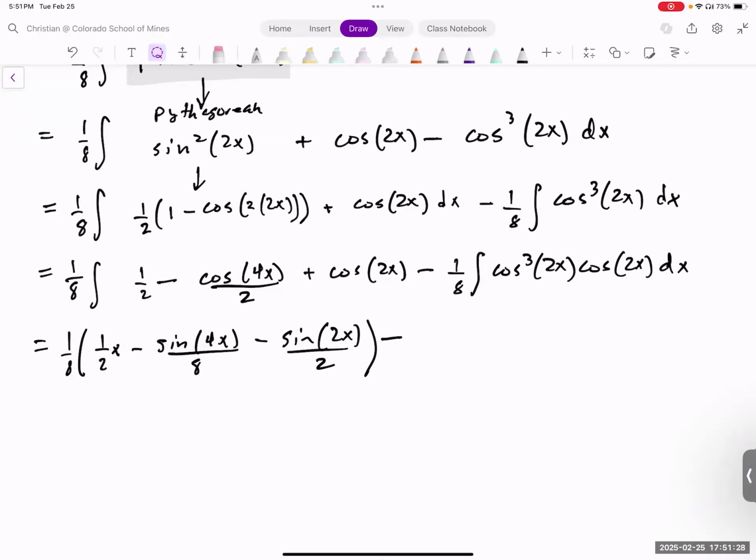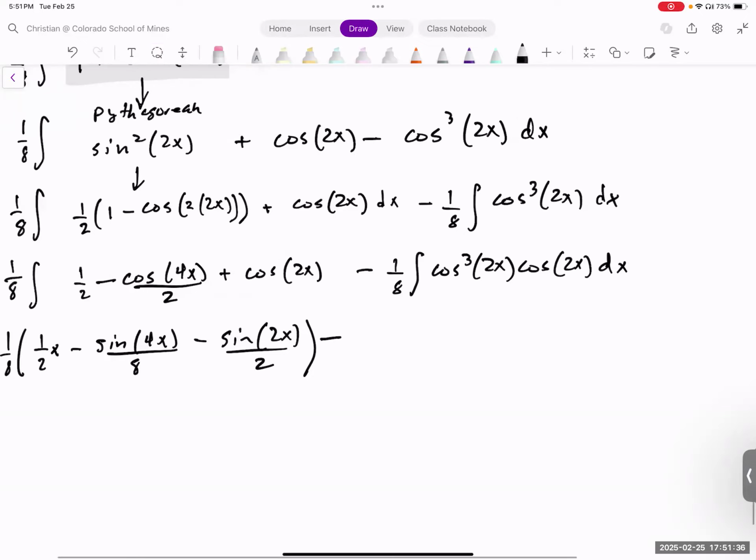Oh, we need a dx in there somewhere. Let's move that over a little bit. This one, that dx is in there.